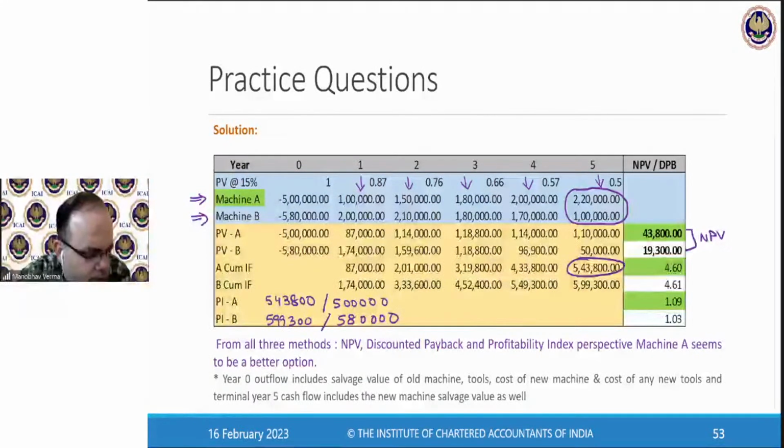So definitely profitability index, payback method, net present value, all the three indicate machine A, guys. Everyone okay here? Any doubts so far?